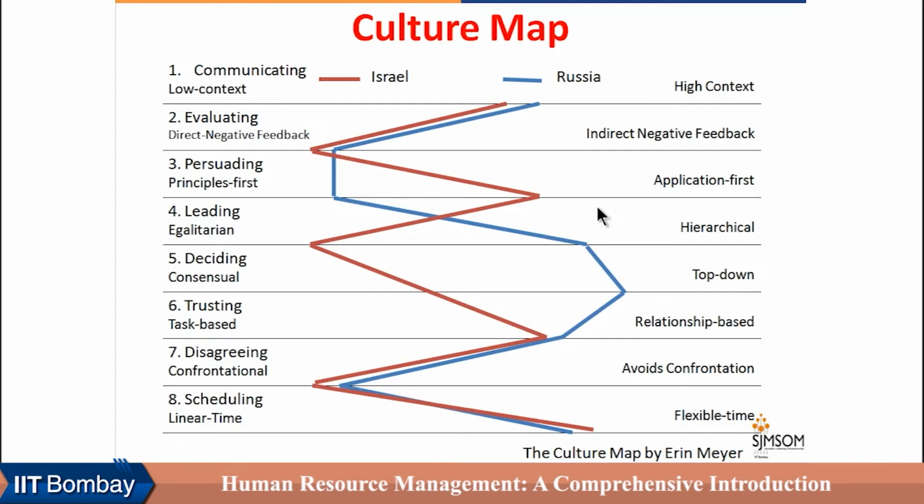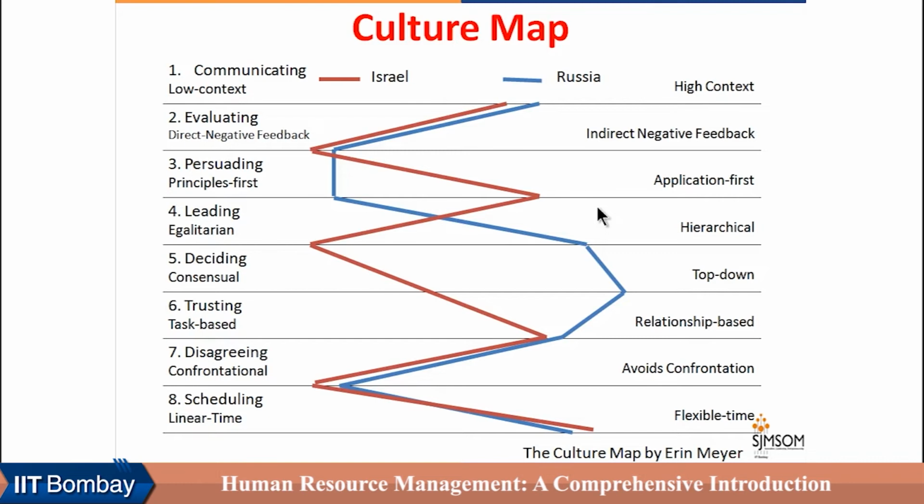Leading: in some countries egalitarian, more equal footing is given to people who are leaders and who are the followers, whereas in some cultures the leaders are put on a much higher pedestal socially or according to the norms of the interaction. Decision: in some countries like Japan, consensus is valued a lot, whereas in some countries people are more comfortable in doing top down decision making.